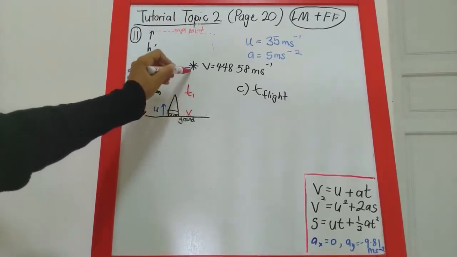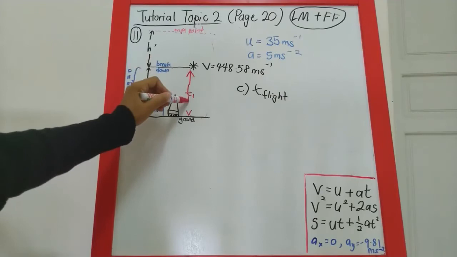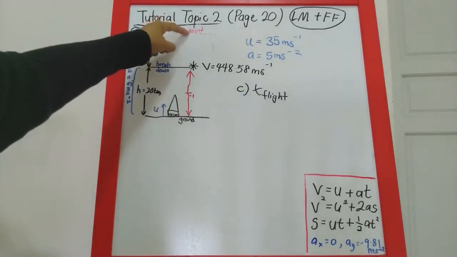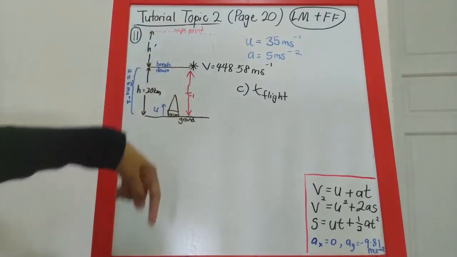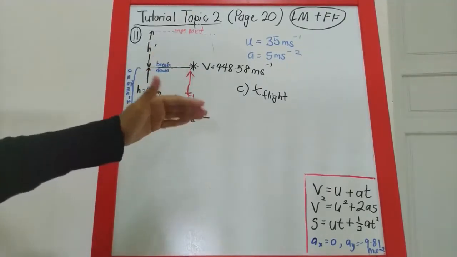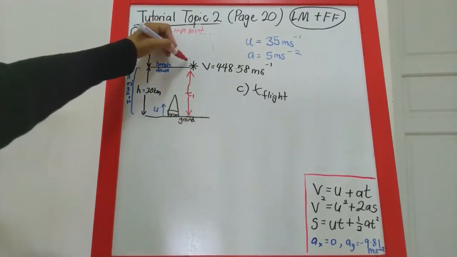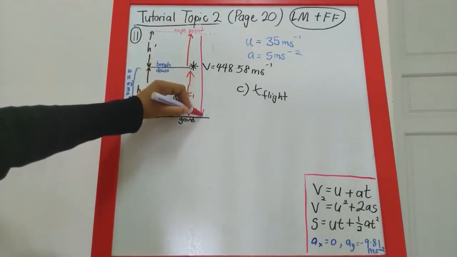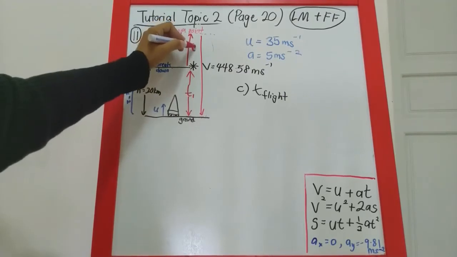So I'm going to find the first time. I'm going to label it T1. You know, from the moment it breaks down and goes up to here and then goes back down, it's free fall motion. Therefore, we can find the time taken for it to go up and go down. So that's T2.